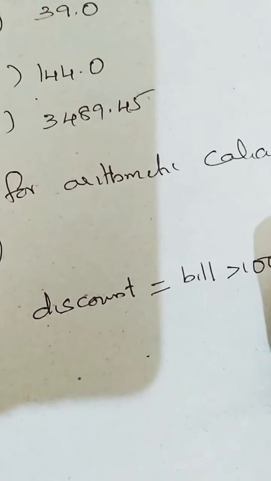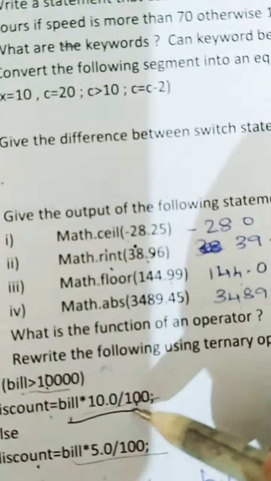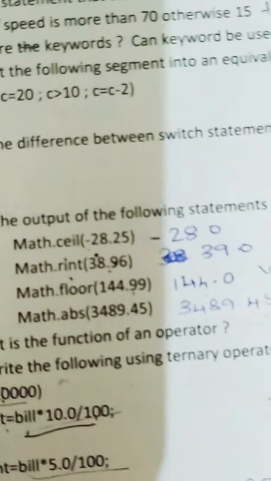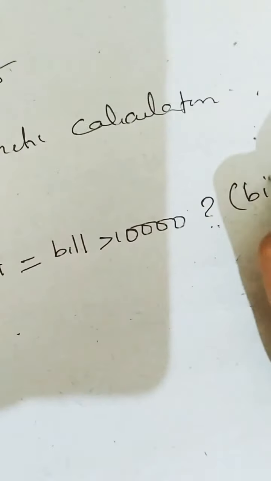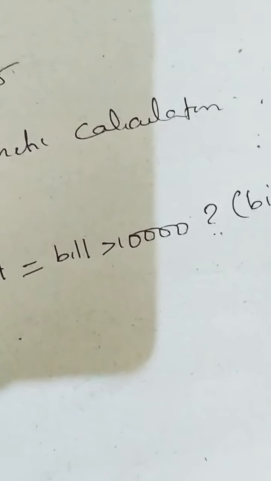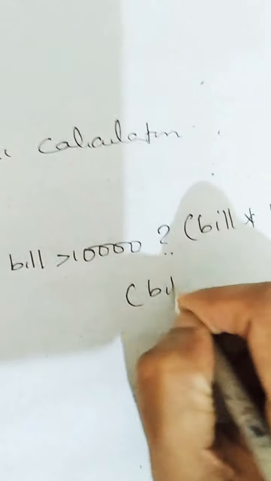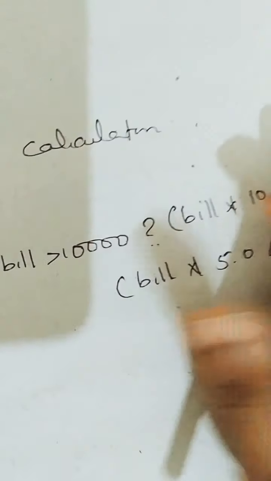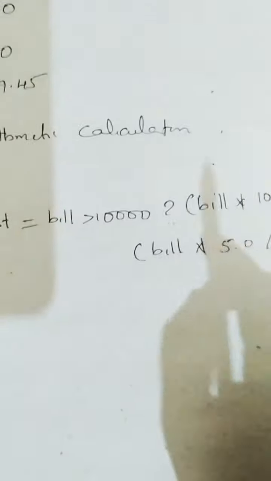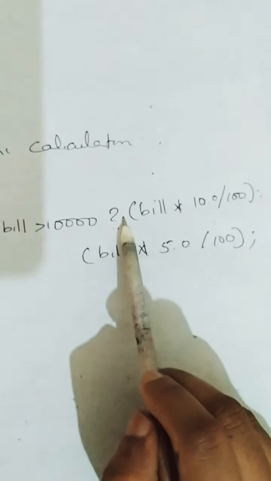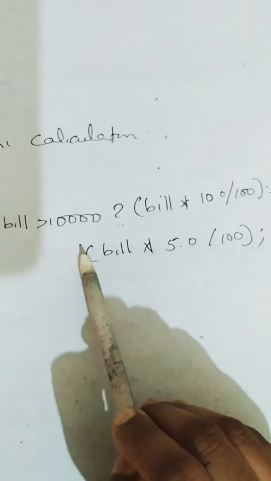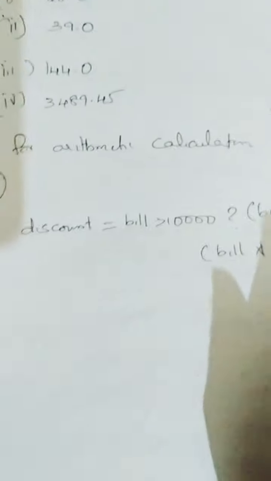So if bill is greater than 10,000, question mark, in brackets the true part is bill star 10.0 by 100, colon, the false part is bill star 5.0 by 100 semicolon. This way you will write. You will not write discount is equal to again here. It will be wrong. So you have to write like this only.